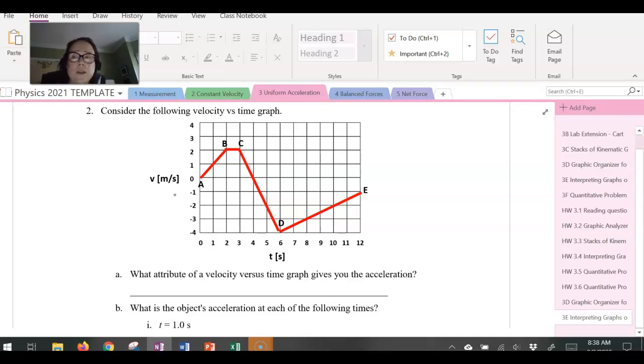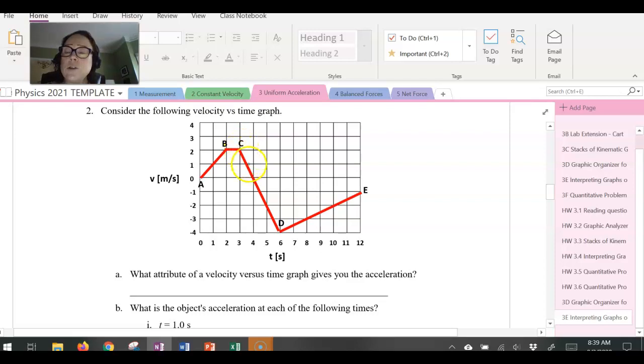That means it's not moving at time 0. For the first couple of seconds, the velocity gets bigger, so it's speeding up in the positive direction, right? I know it's moving in the positive direction because the sign of the velocity is positive. Then from B to C, it moves at a constant velocity of 2 meters per second.